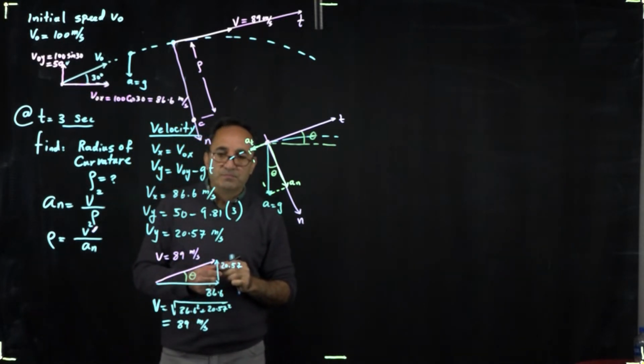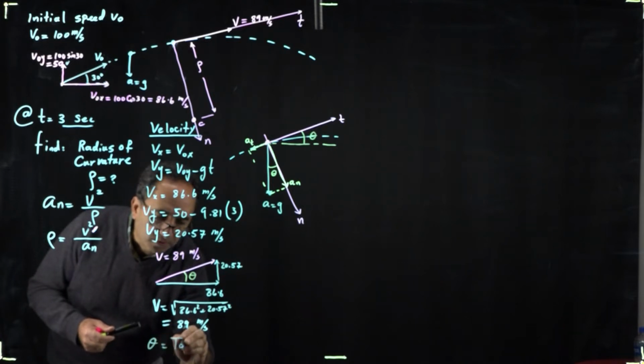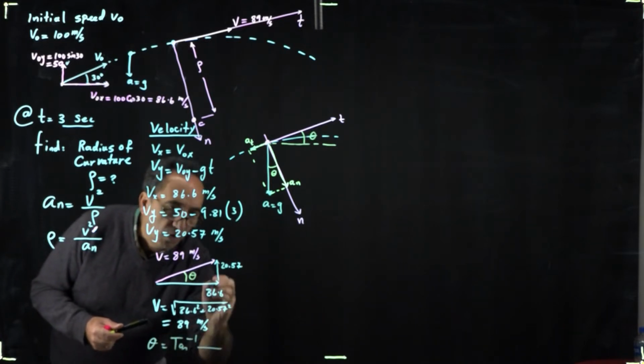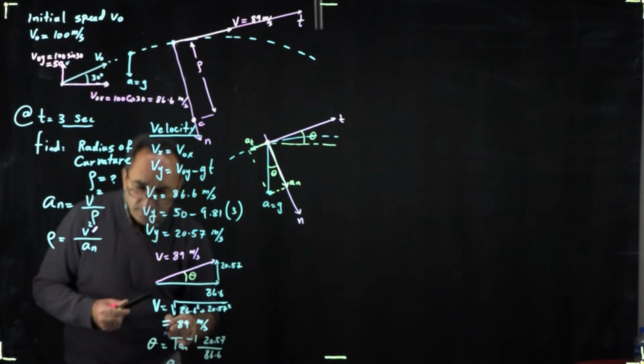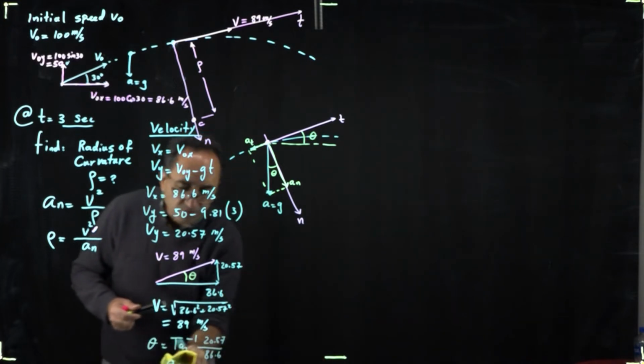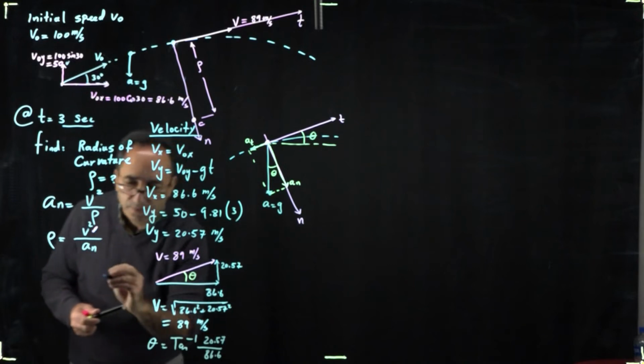And that angle can be determined easily by inverse tan of the opposite, 20.57, the y component, over 86.6. I think I'm going out of the frame, so let me put that angle here for you.